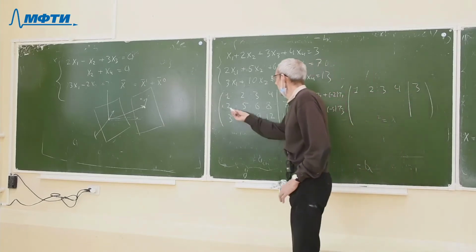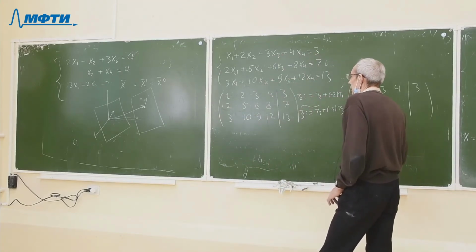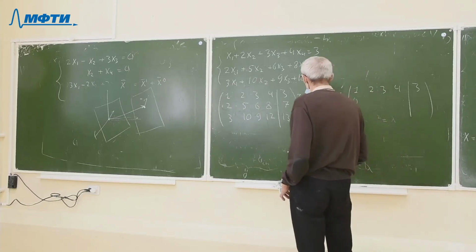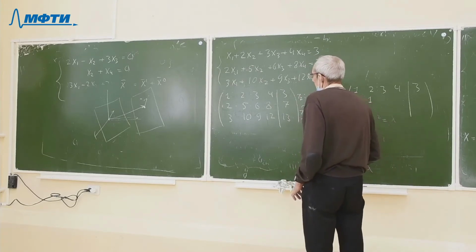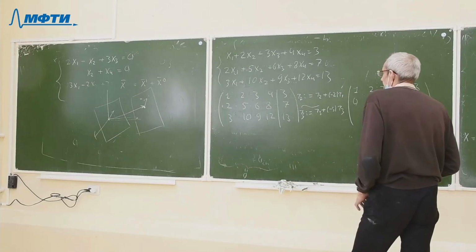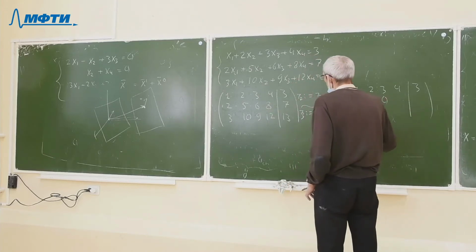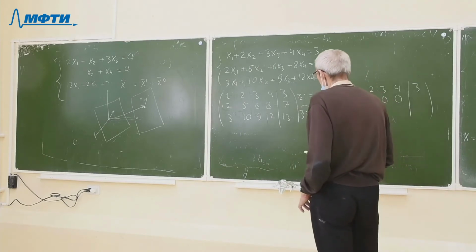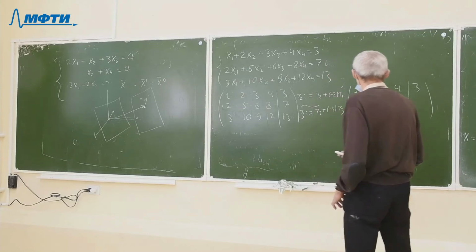Second row we add: 2 plus minus 2 is equal 0, minus 4 plus 5 equal 1, minus 6 plus 6 is 0, minus 4 plus minus 8 plus 8 is equal 0, minus 6 plus 7 is equal 1.